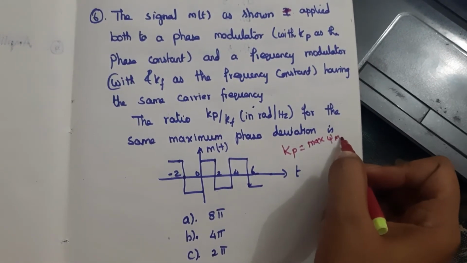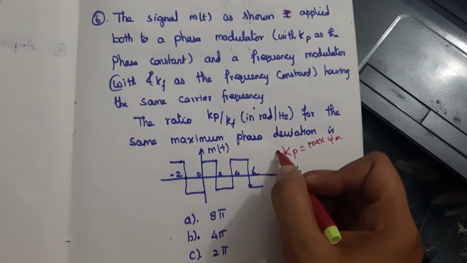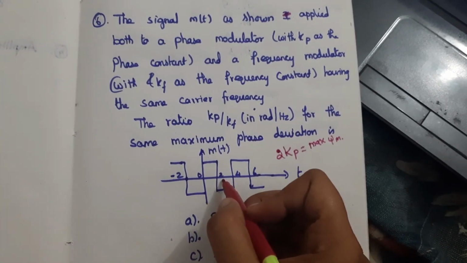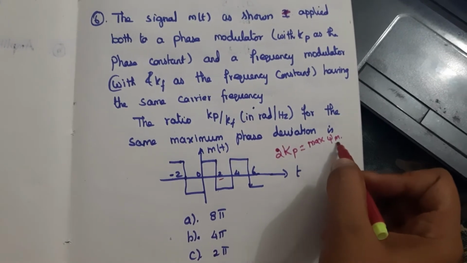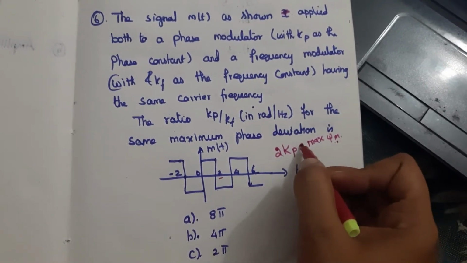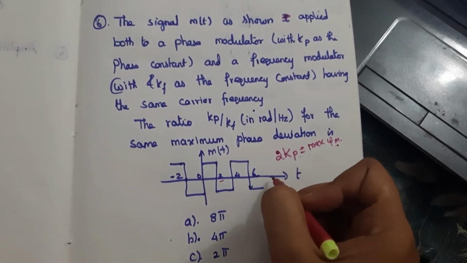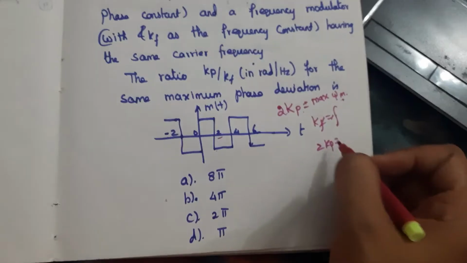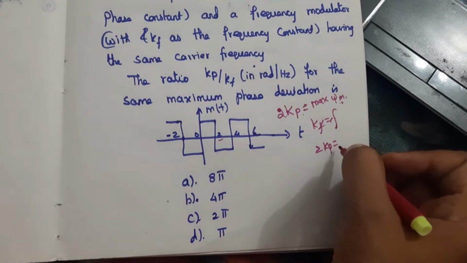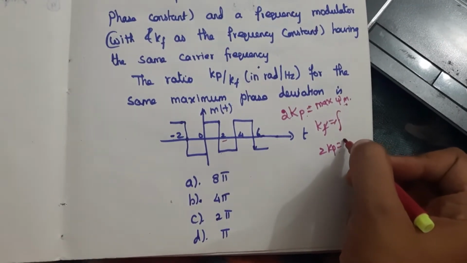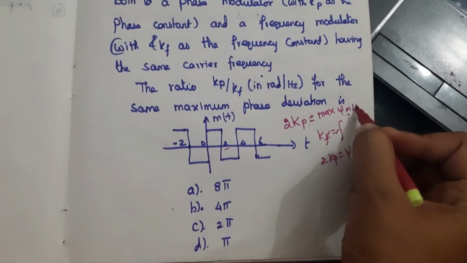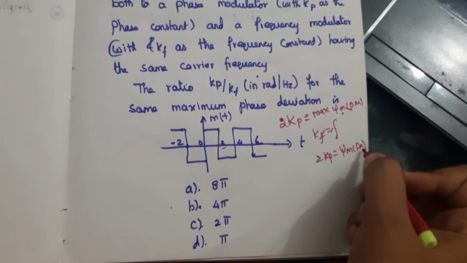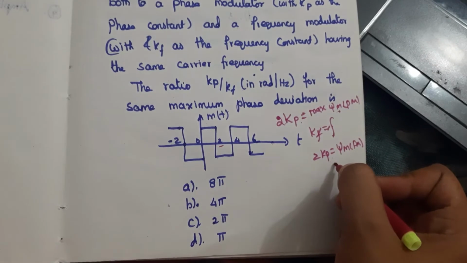Here the maximum value is 2, so the maximum phase deviation is 2 into kp. For this signal, this is equal to 2 kp for PM.